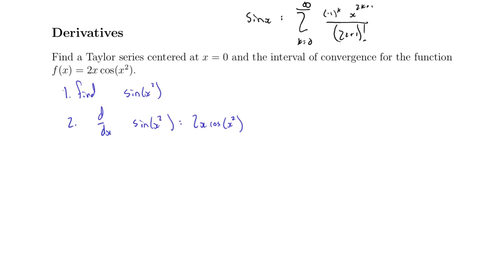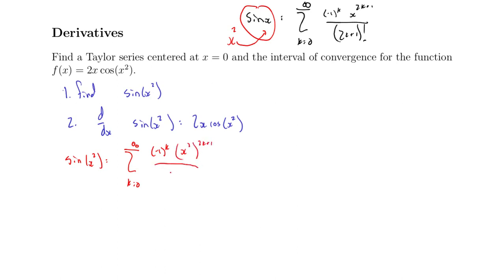All right, so then I know that sine of x squared is going to be this Taylor series with x squared plugged in for x. So it's going to be the series from k equals 0 up to infinity of negative 1 to the k of x squared raised to the 2k plus 1 all over 2k plus 1 factorial.